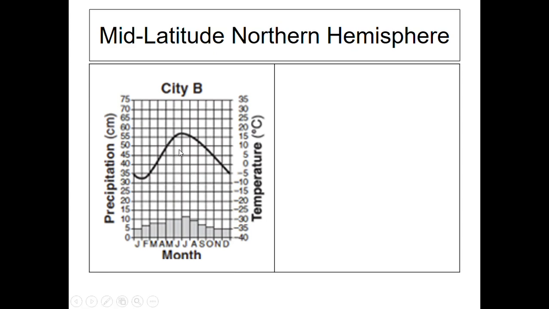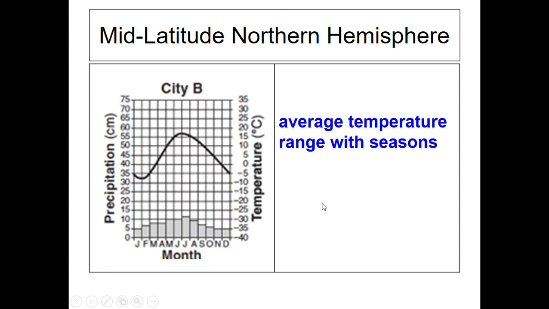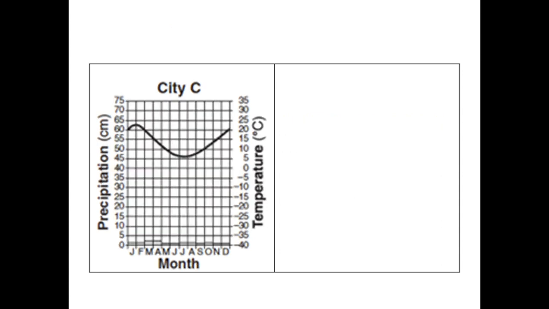They have warmer summers and cooler winters with more of a range, and there is a moderate amount of rainfall, but not as much as there was on the equator. All right. So average temperature range with seasons, right? This is a temperate zone. They have distinct seasons. All right.